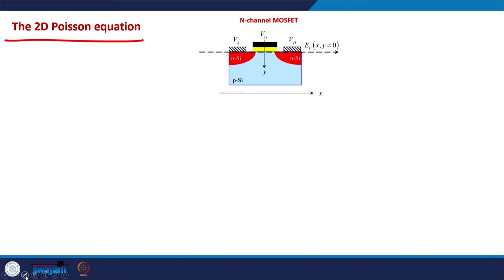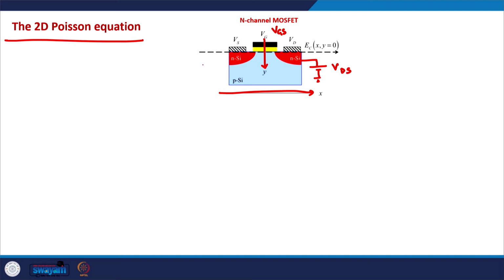So this is the general picture of our MOSFET. The channel direction is the x direction, and the normal to the channel, which is from the gate to the body, is the y direction. In this direction, the VGS voltage is applied. In the x direction, we generally apply a VDS voltage.